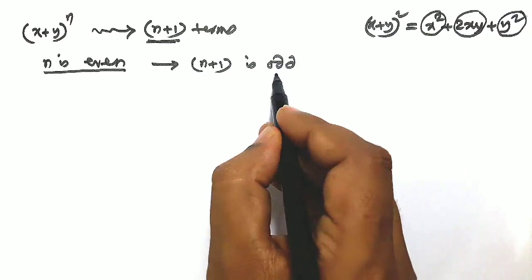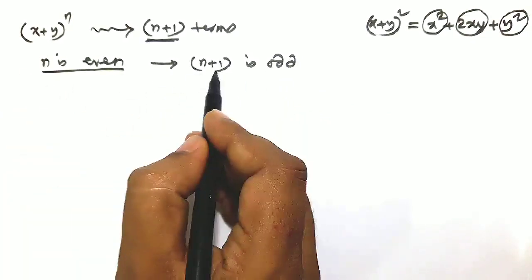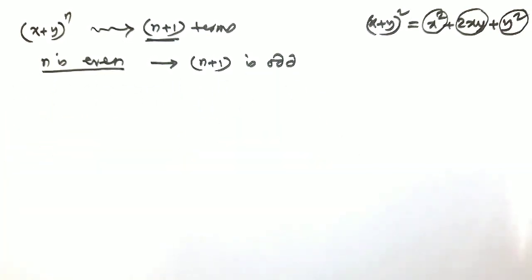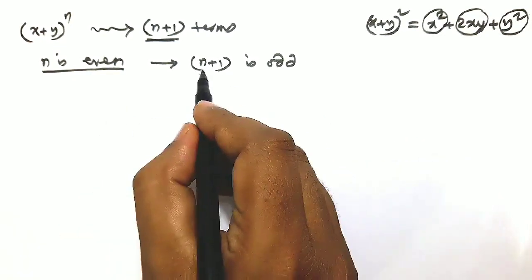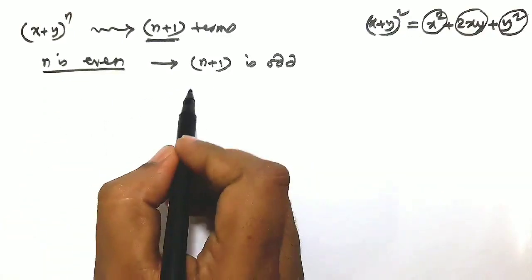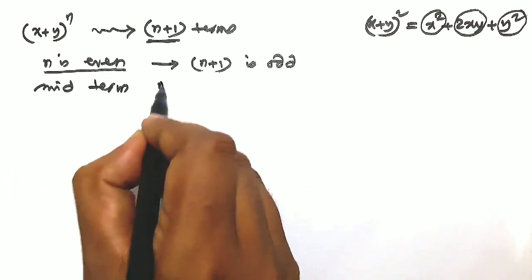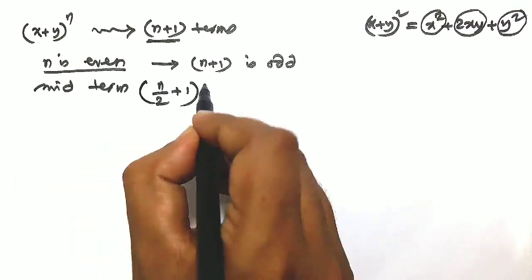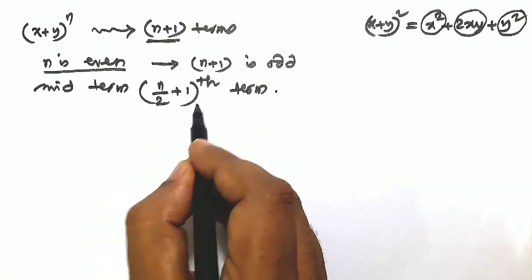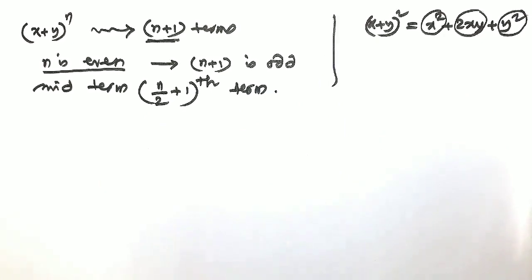N + 1 is just the succeeding number of an even number, so it is odd. So if n + 1 is odd, then obviously there will be only one middle term. The middle term will be the (n/2 + 1)th term. But how? You observe here, again I repeat, (x + y)^2.